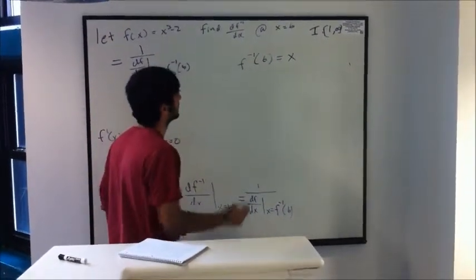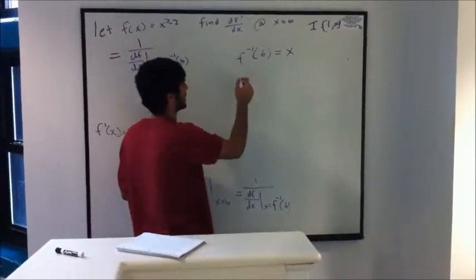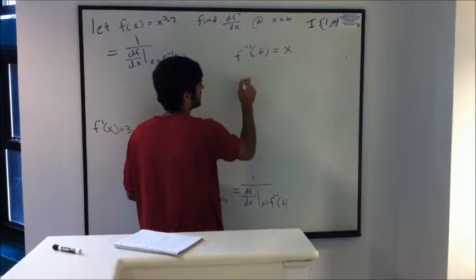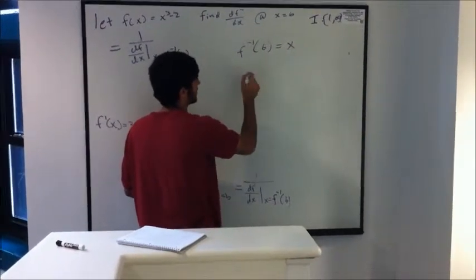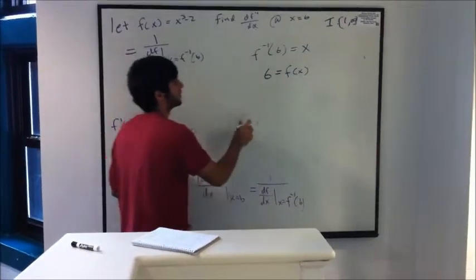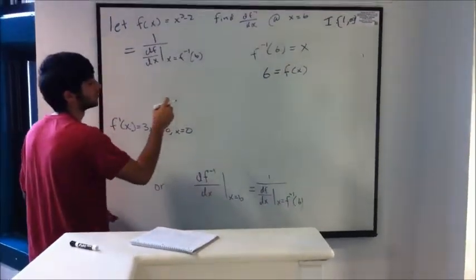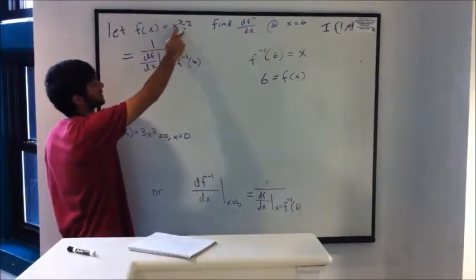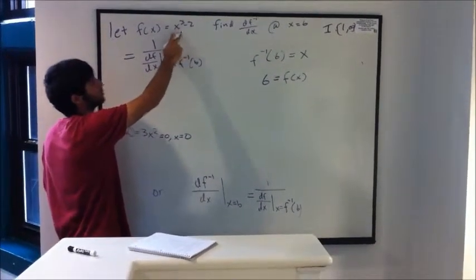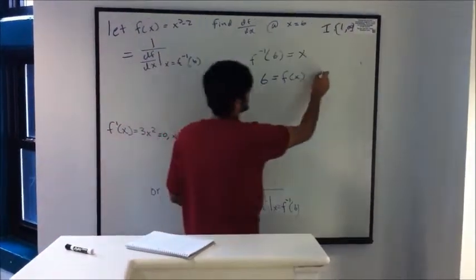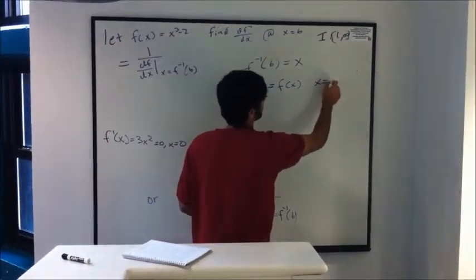So we can take the function of both sides and say f of f inverse of 6 equals f of x. f of f inverse cancels out, so we get 6 equals f of x. So what is x? Well, what can we plug in for x to get 6 over here? 2. 2 cubed minus 2 is 6. So we can say that x equals 2.